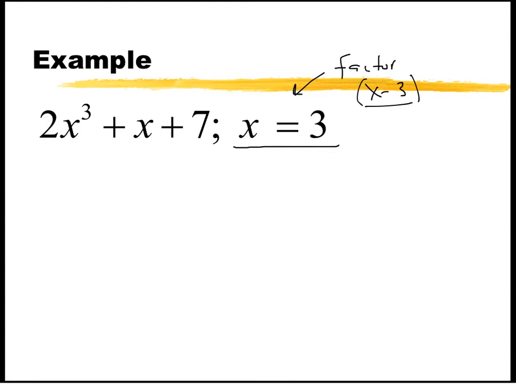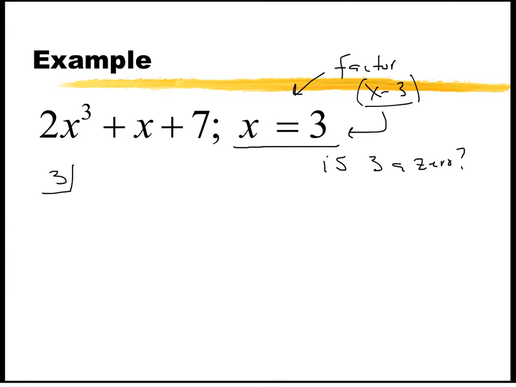In order to do that, we've put in the 0, and there's a couple different ways that we're going to look at this. One is, is this a factor, or is 3 a 0? Okay? So let's go ahead and set up our synthetic division problem.